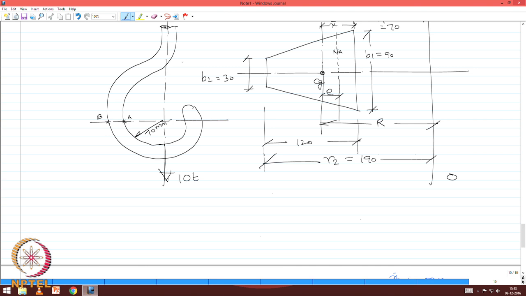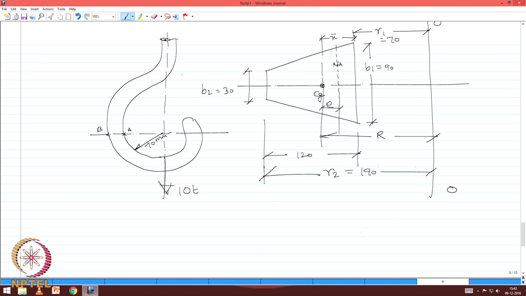Let us write down the value here. This value is 50. Therefore, R will be now 120 millimeters.